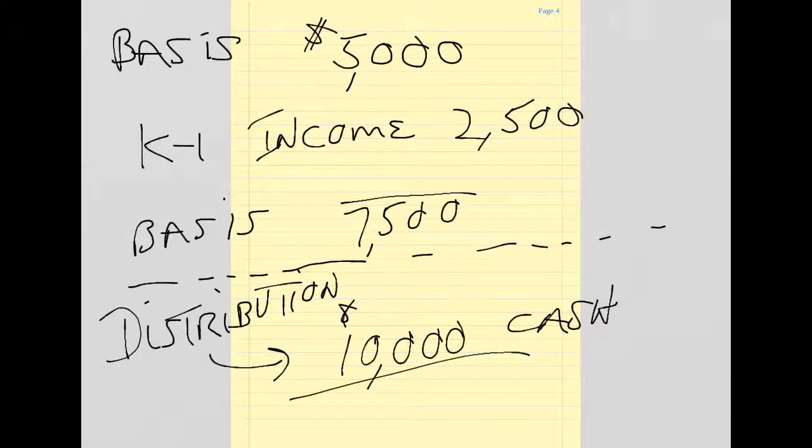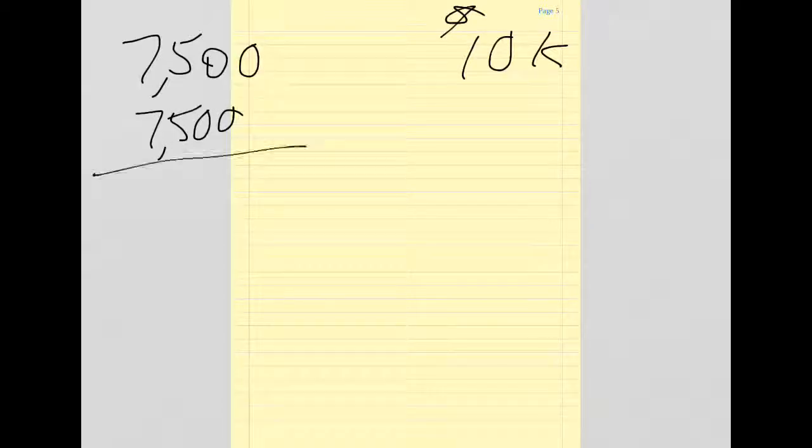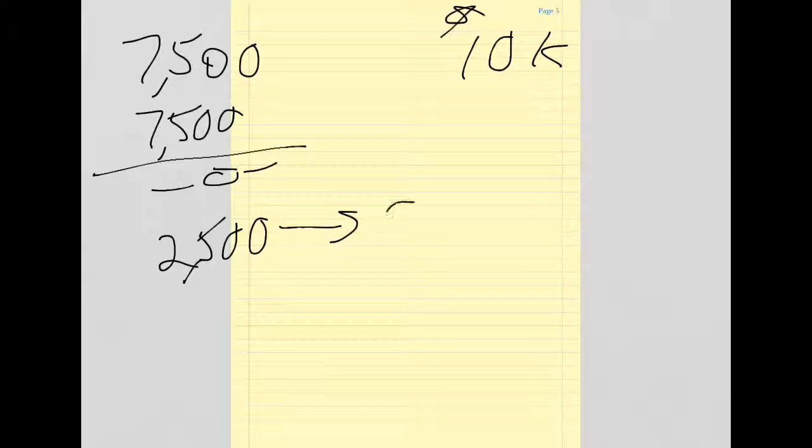Well, we've got an issue here. So the issue will work like this. We had basis of $7,500. So of the $10,000 cash distribution, the first $7,500 is a return of capital, bringing us down to a basis of 0. There's another $2,500. That $2,500 will be considered like a capital gain.